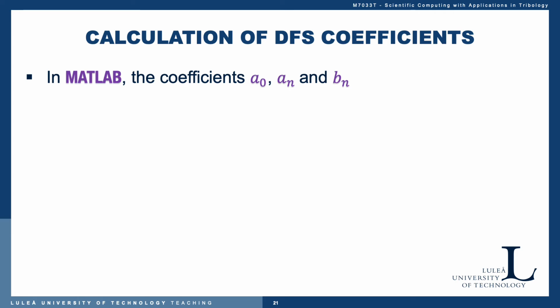So we need to calculate these discrete Fourier series coefficients, and it can be done in many ways. What will follow next will be how to do this in MATLAB.